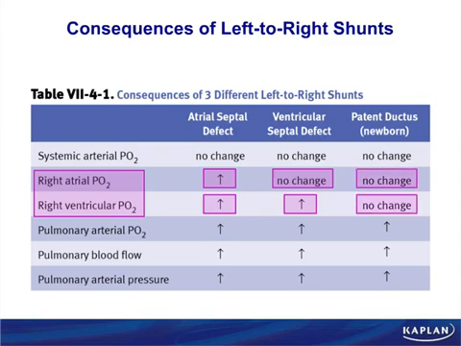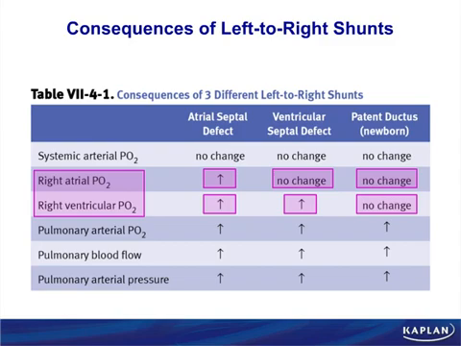Now, what are going to be some of the indicators that I have these left to right shunts? Well, look at the last three. Pulmonary arterial PO2 is elevated, pulmonary blood flow is elevated, pulmonary artery pressure is elevated. In all of these left to right shunts, that is going to occur. That's going to be the impact on the pulmonary circulation. The pulmonary artery, which is normally venous blood, that PO2 is going to be elevated in all three.